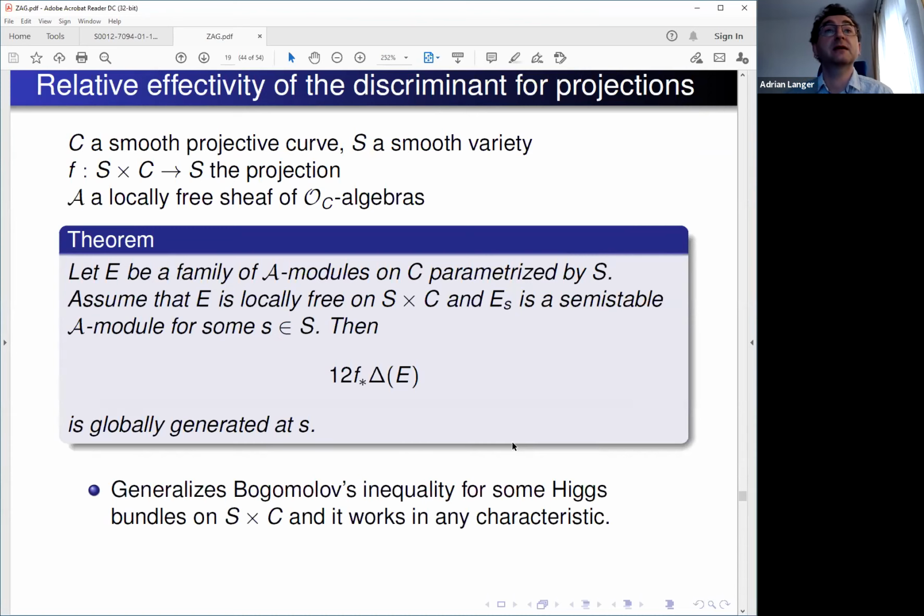One of the things about this is that it generalizes Bogomolov's inequality for some Higgs bundles on the product, and it works in any characteristic.